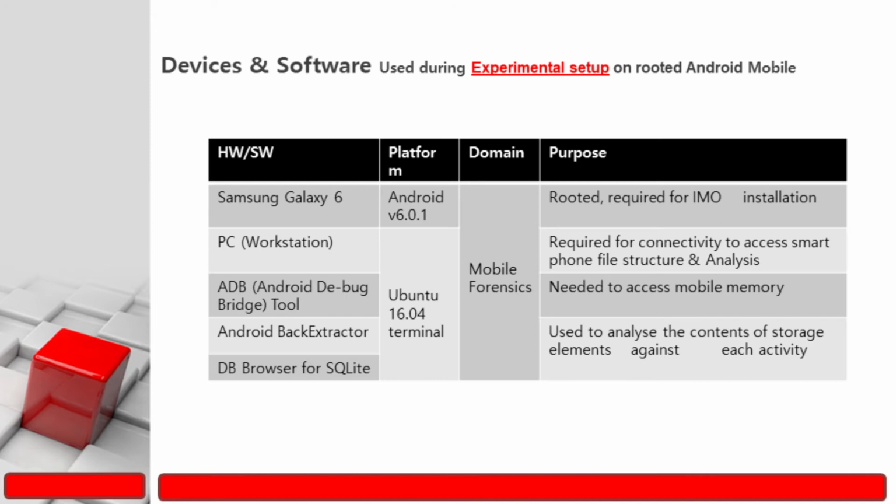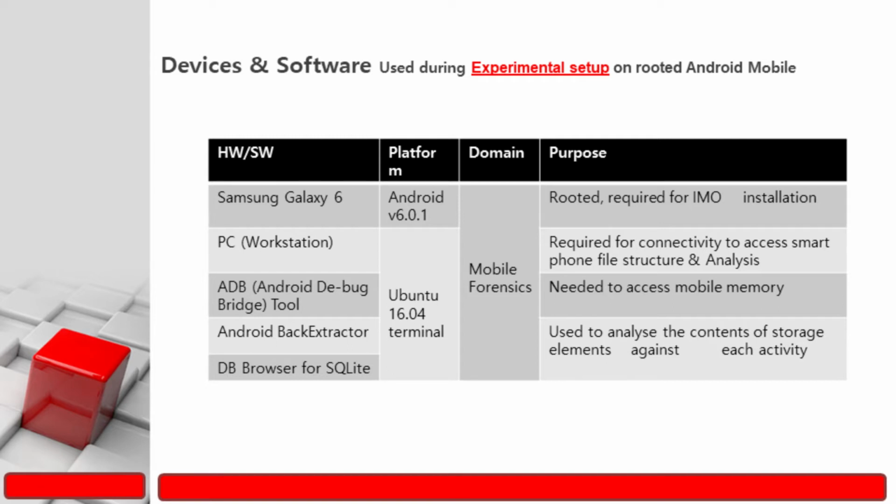In this slide, we discuss the devices and software used during the experimental setup on a rooted Android mobile. The research is based on the assumption that the Samsung Galaxy 6 mobile which we are using is by default rooted, and we have a fresh installation of the IMO application. We also need a PC workstation along with certain software. The PC workstation is required for connectivity to access the smartphone file structure and for analysis.